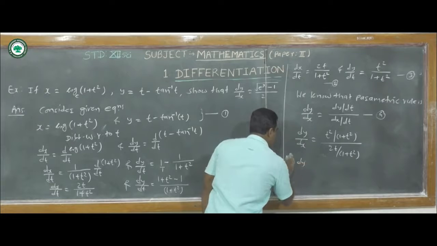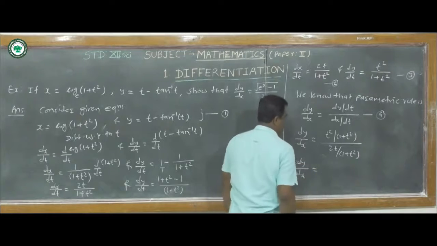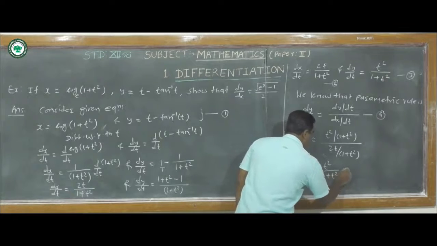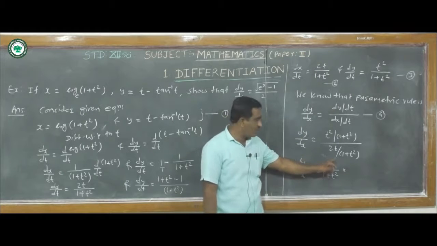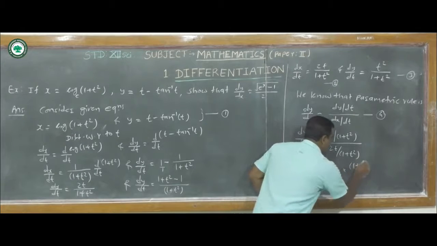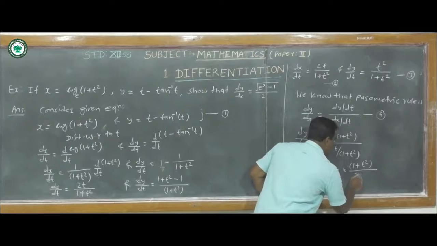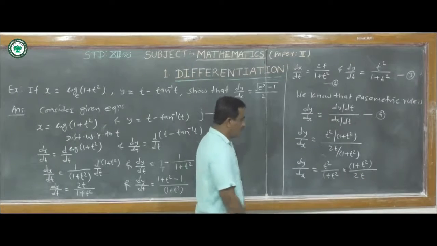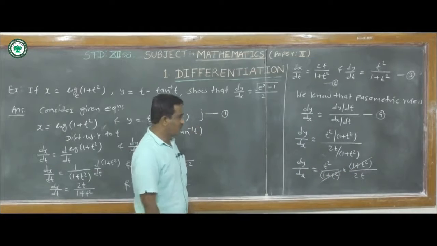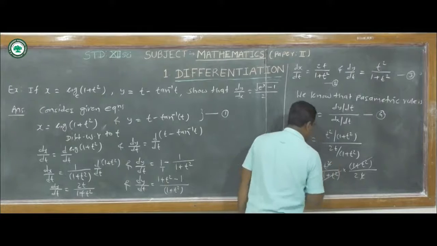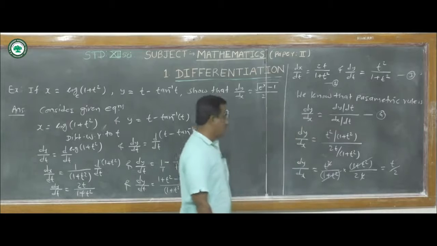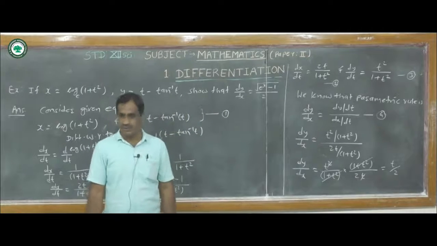That is, dy by dx is equal to, keep the numerator as it is, t square upon 1 plus t square into, taking the reciprocal of the denominator term 2t upon 1 plus t square, 1 plus t square upon 2t. Now this 1 plus t square cancels. Now here one t cancels, remains only t upon 2, that is dy by dx is equal to t upon 2.